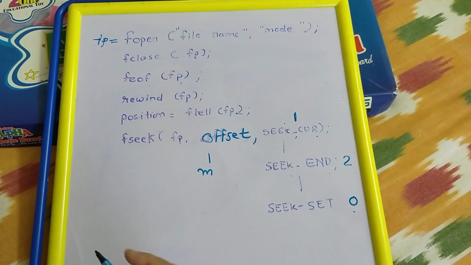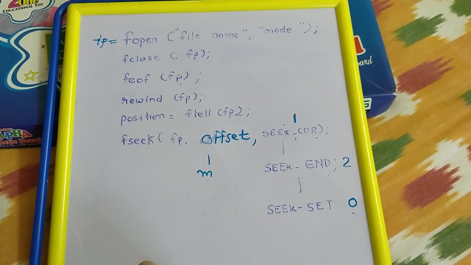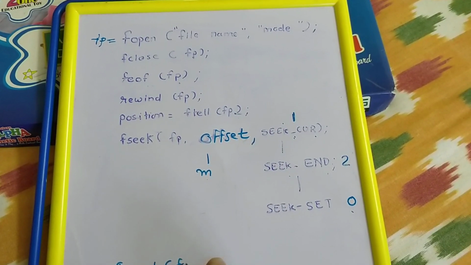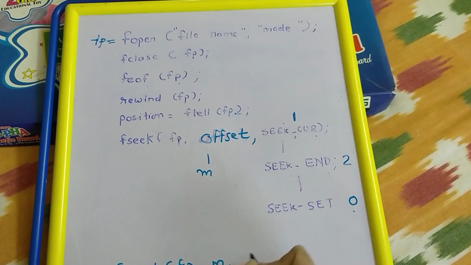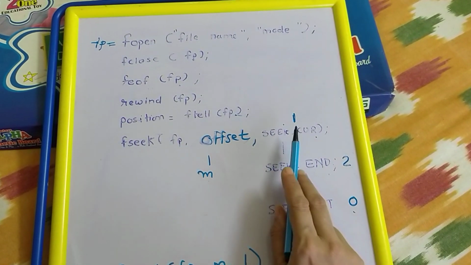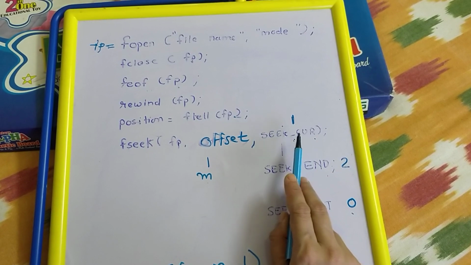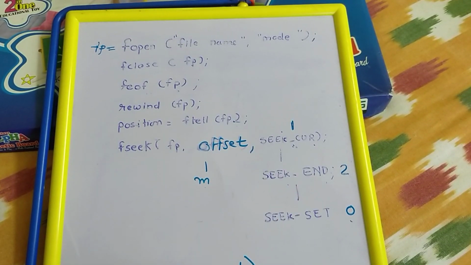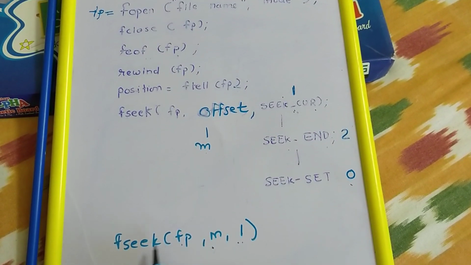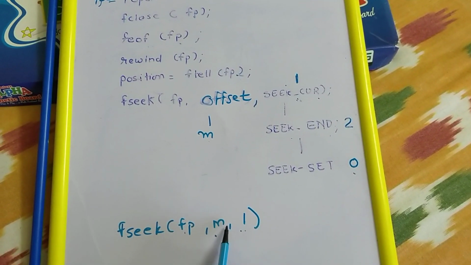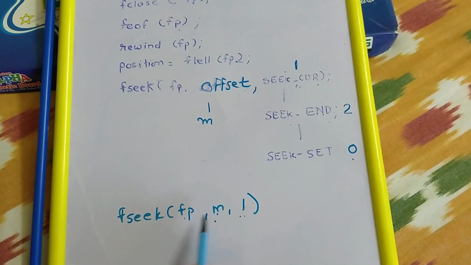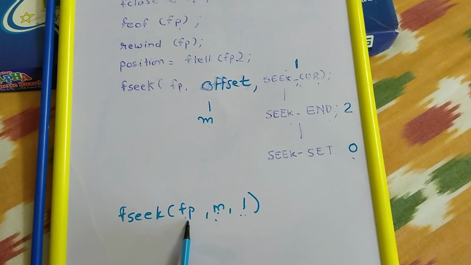So for example, if I write fseek(fp, m, 1), 1 stands for current position. So it has to move m bytes from the current position in the file pointed by fp. The cursor has to move m bytes from the current position in the file pointed by fp.